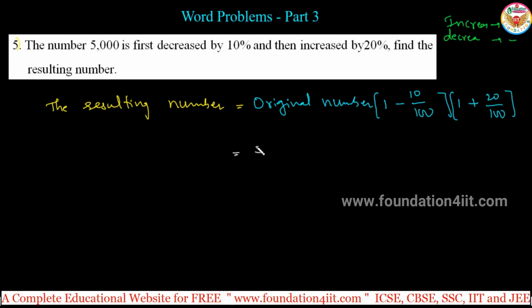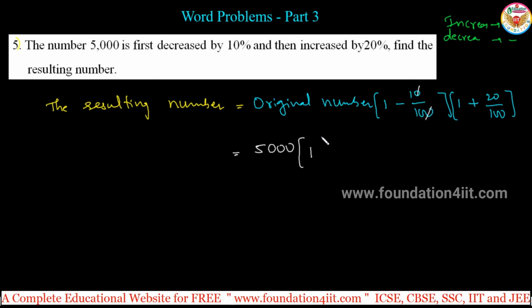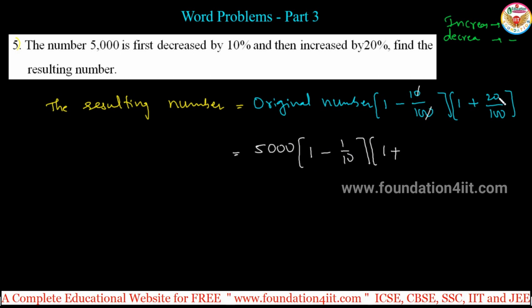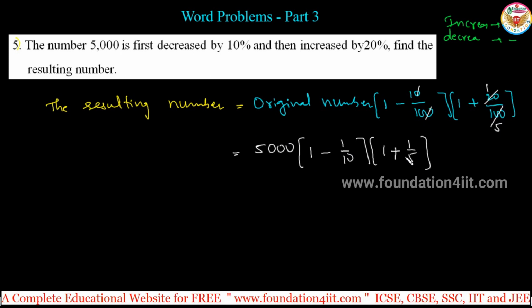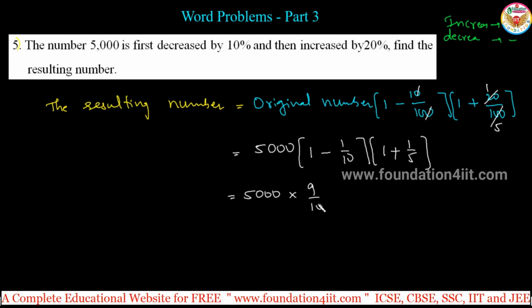The original number is 5,000 into 1 minus 10 by 100. I can simplify: 1 minus 1 by 10 into 1 plus 20 by 100, which is 1 by 5. Do the LCM now. So 5,000 into 1 minus 1 by 10, which is 9 by 10, into 1 plus 1 by 5, which is 6 by 5.